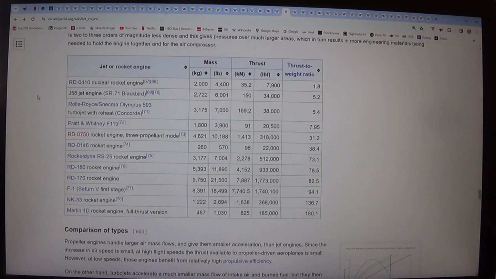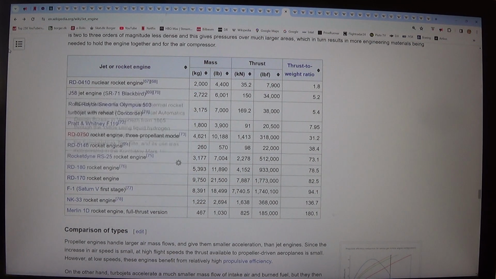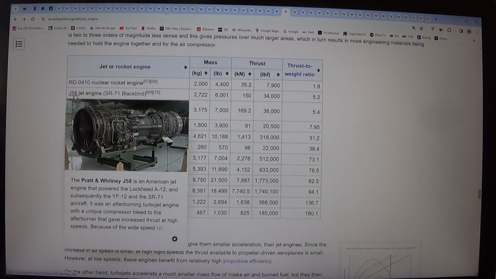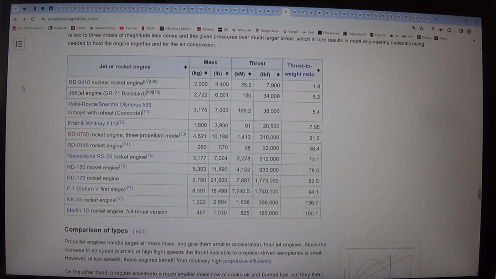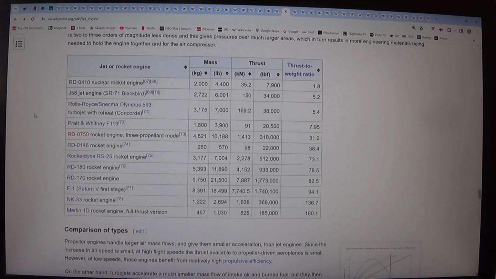Jet or rocket engine mass thrust to weight ratio. Kilogram, pound, kN, lbf. Road 0410 nuclear rocket engine 2000 4435.27 901.8. J58 jet engine, SR-71 Blackbird, 2722 6001 150 34,005.2. Rolls-Royce /Snecma Olympus 593.